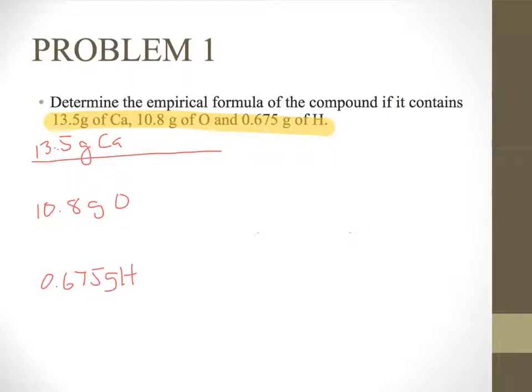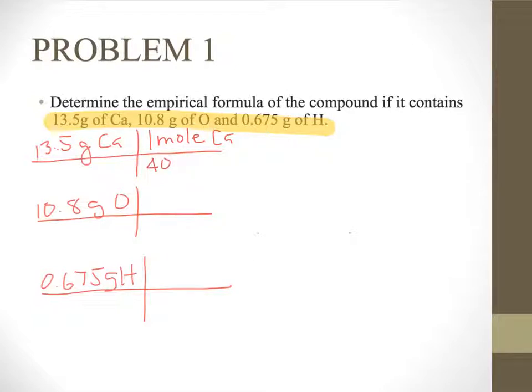We know that we need to find the molar mass of each one of these. So 1 mole of calcium is equal to 40.08 grams of calcium.